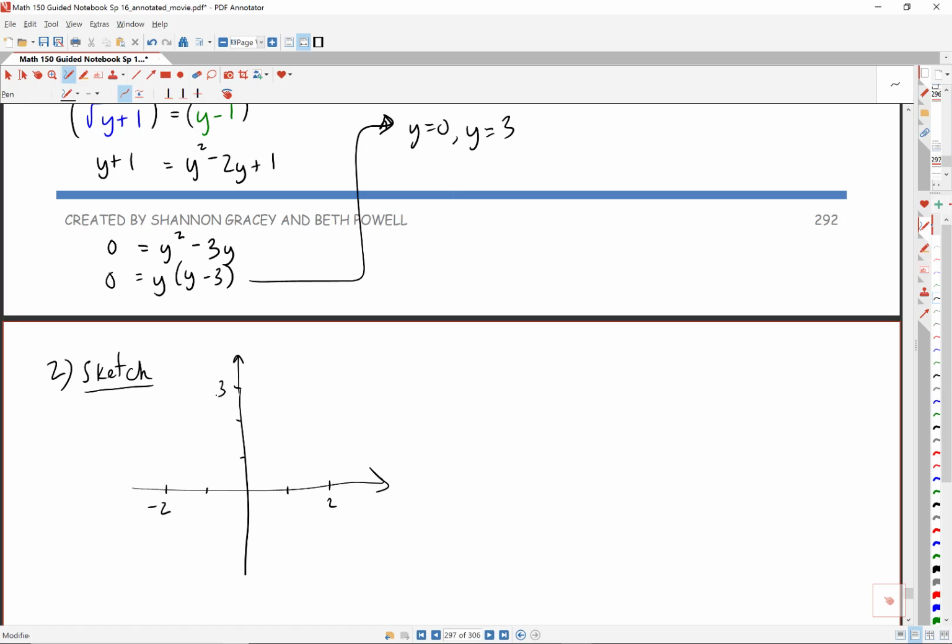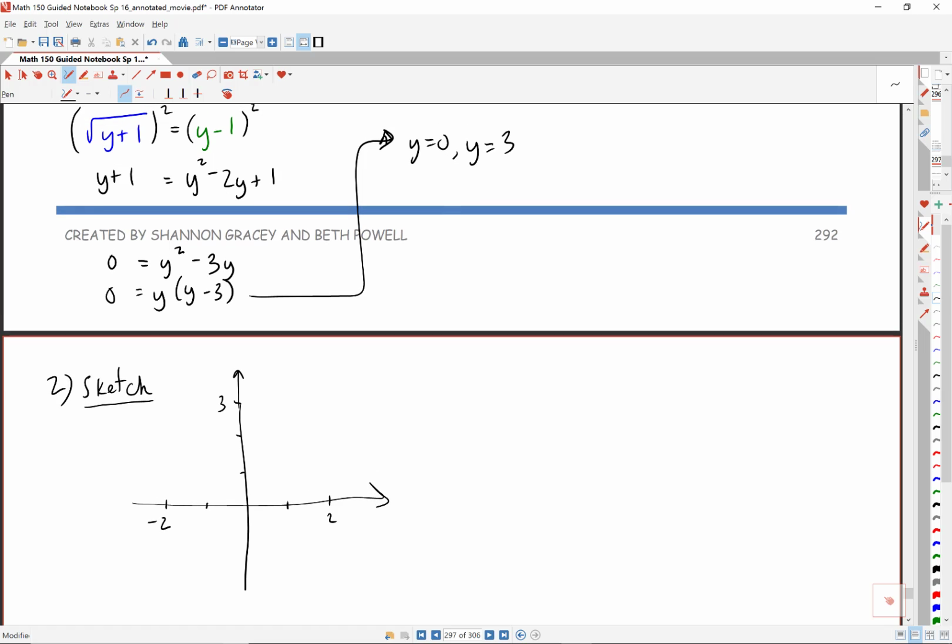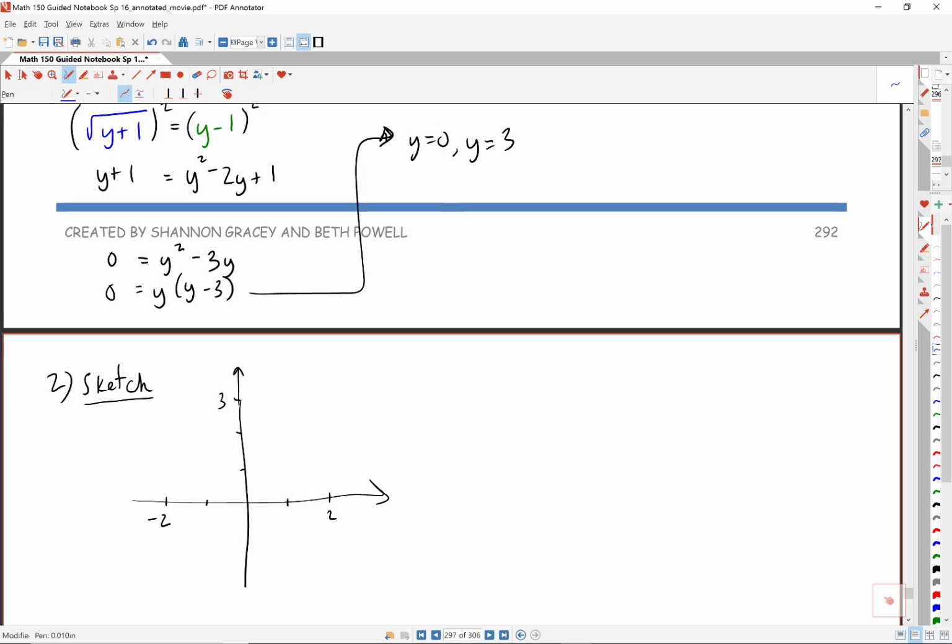Okay, so now looking at our blue graph, which is f of y is equal to the square root of y plus 1. When we input in f at 0, we get root 1, which is 1.